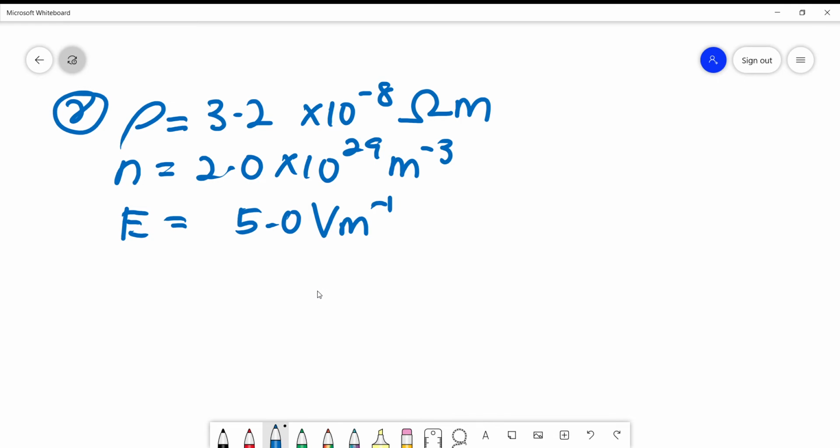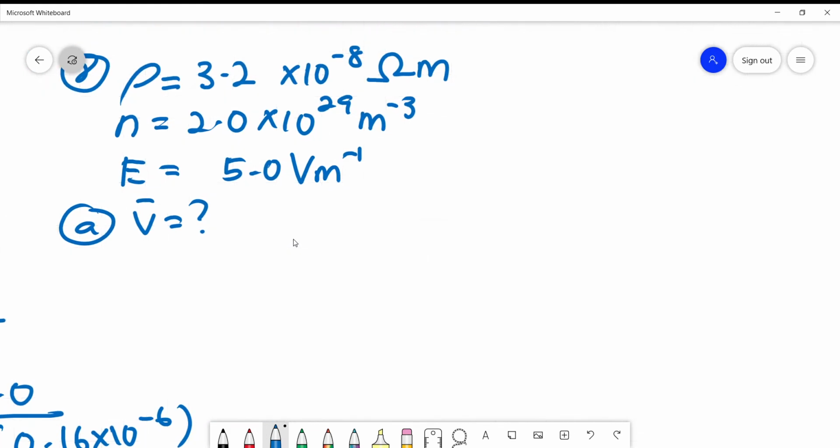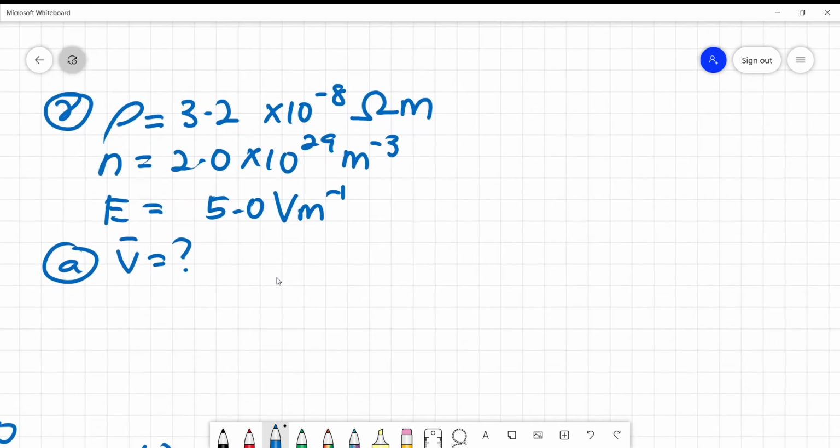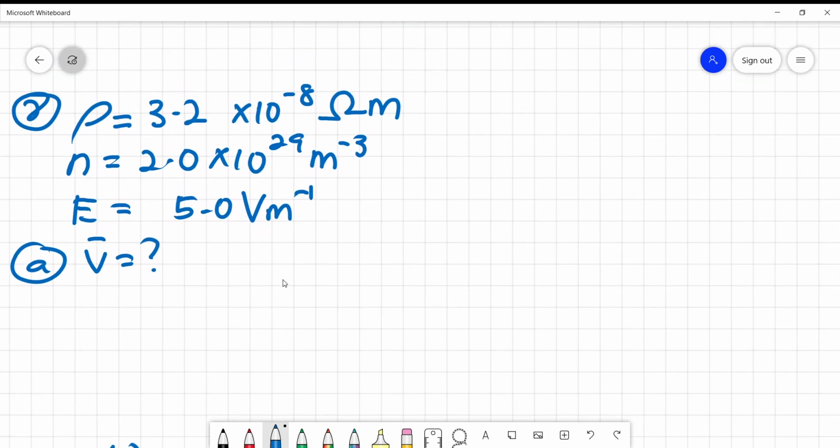For the first question, the question is asking for the drift velocity. So what is the drift velocity? What we need to do is find out the related formula.